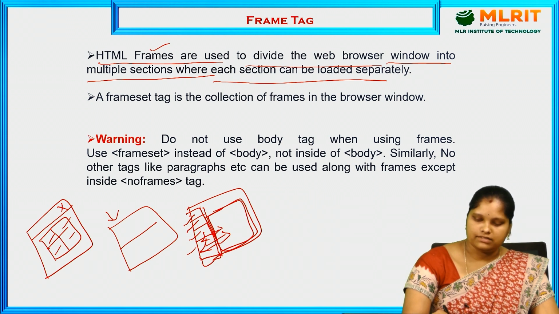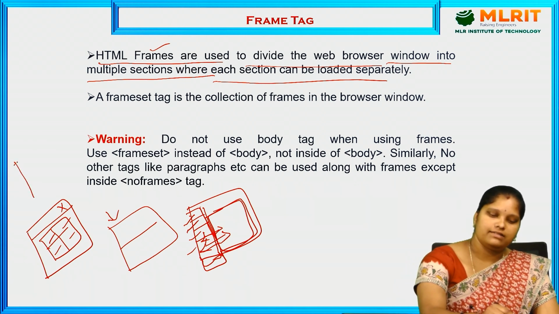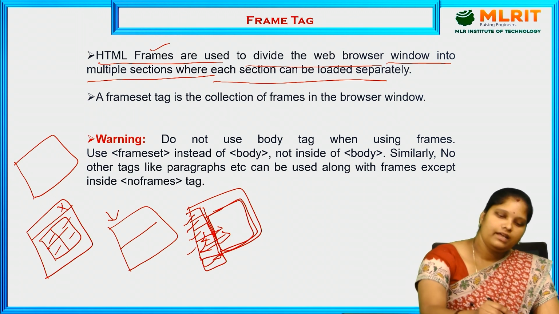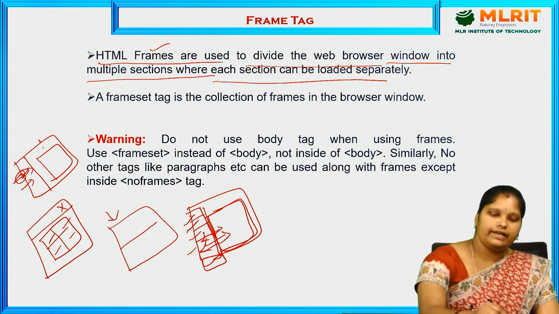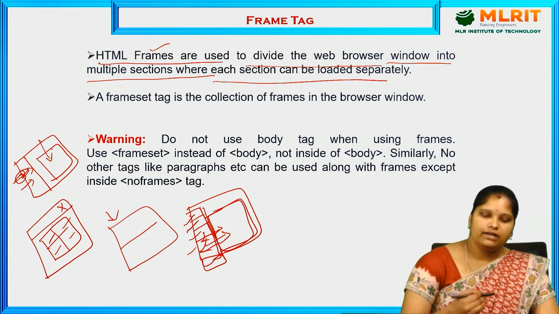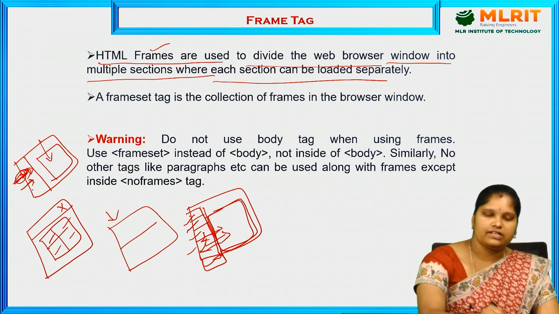We can also give the size of the frames. For example, I need to divide my web browser into two sections. Here I need to give the headings, and by clicking on these headings, some text becomes visible, for example my biodata and my professional experiences.